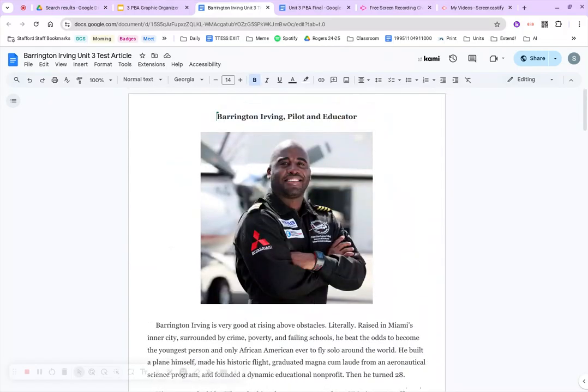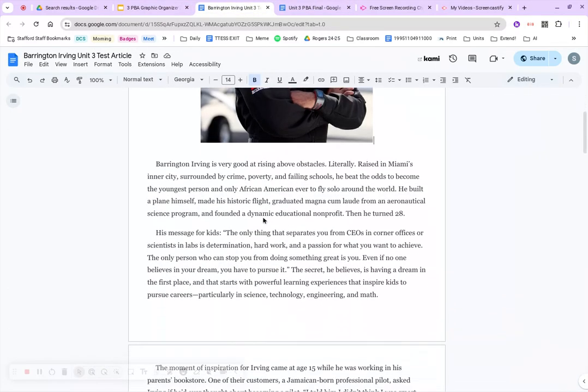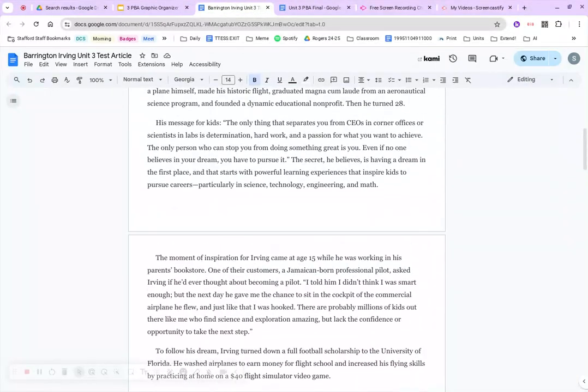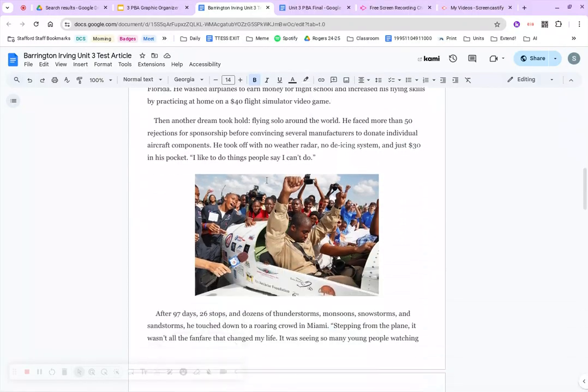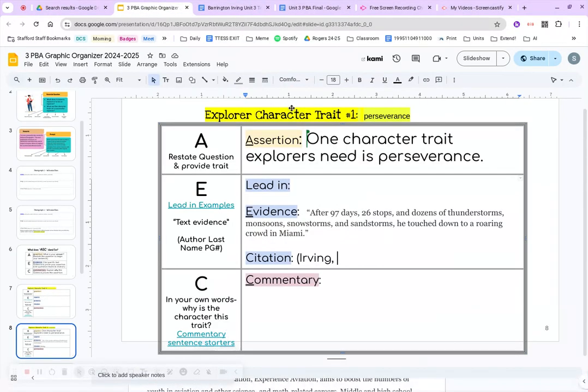So we'll put the author's last name, we'll put Irving. So I'm going to put parentheses, author's last name, comma, and then the page number. There is not a page number, so well, yeah, I guess there is. So page 1, page 2, okay, it was on page 2. So Irving, comma, 2, close parentheses, and then period, because it's the end of a sentence.